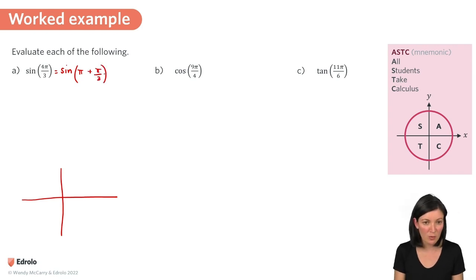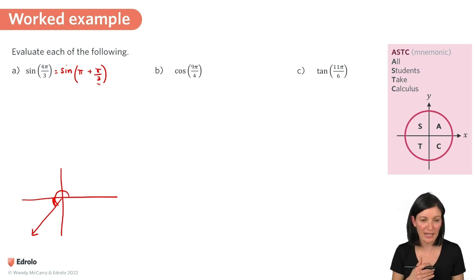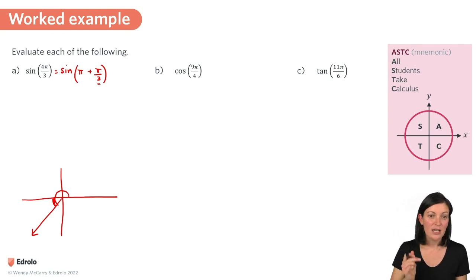When I talk about a reference angle, I'm talking about this angle here. If I look at 4 pi on 3, remember it's pi plus pi on 3, so it's going to be down in this quadrant here. My reference angle is always that acute angle that I can make with the x-axis.